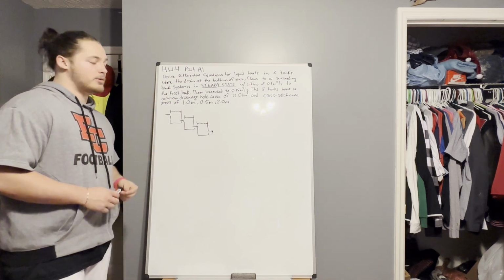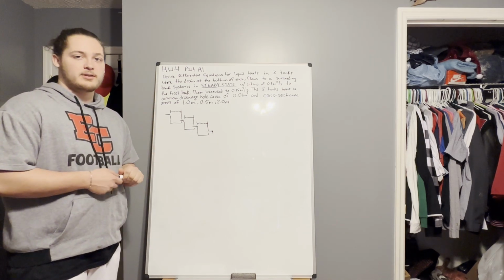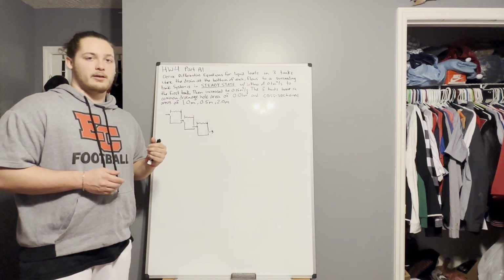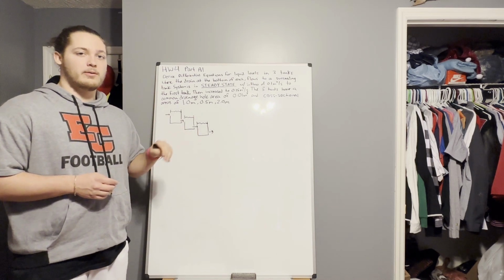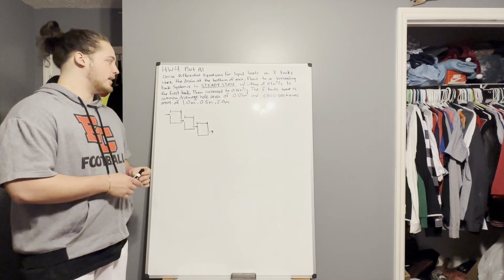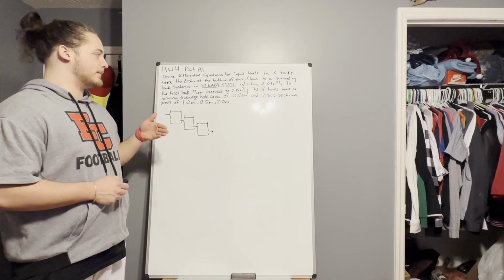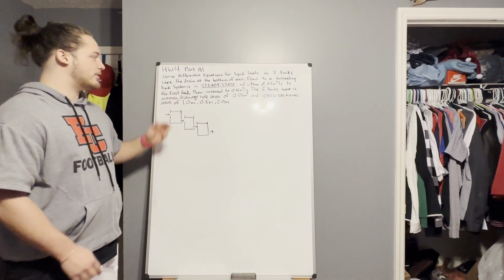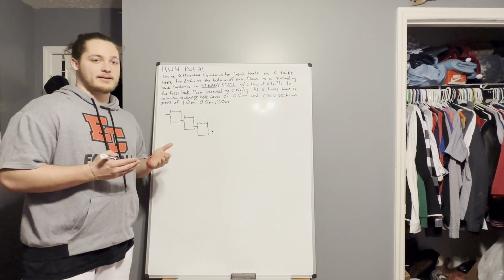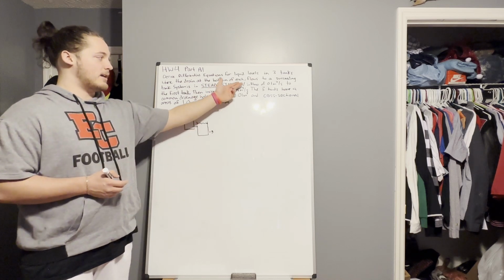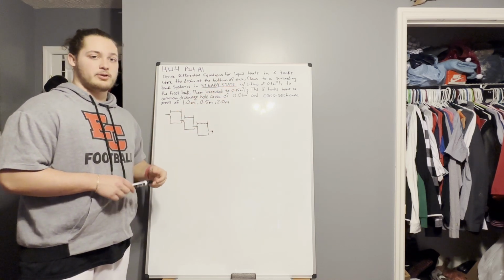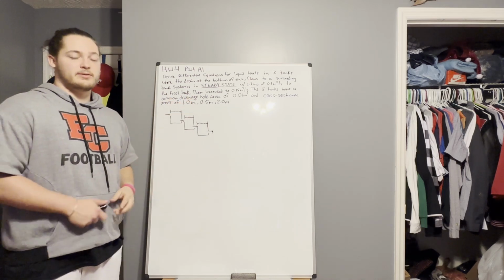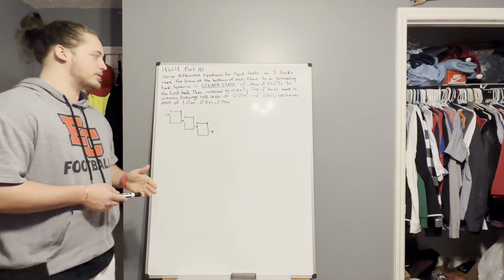Here we're going to be deriving the differential equations for the liquid levels in 3 tanks where the outflow of each succeeding tank is the inflow of the next one. Our system is in a steady state with an inflow of 0.1 meters cubed per second to the first tank, and then it is increased to 0.15 meters cubed per second.